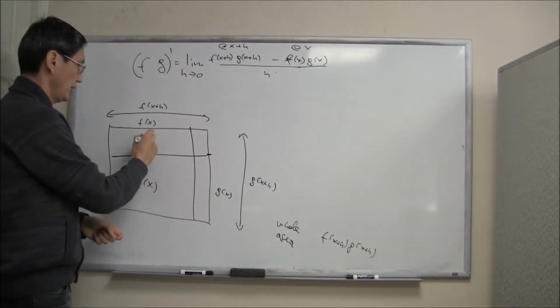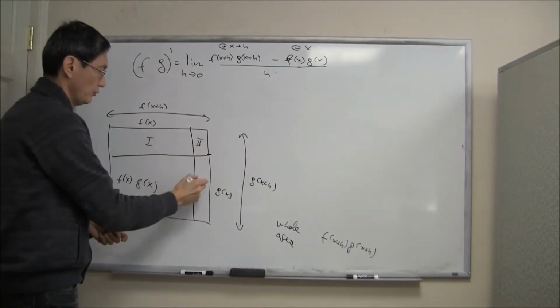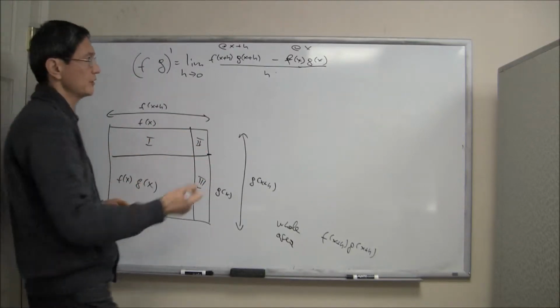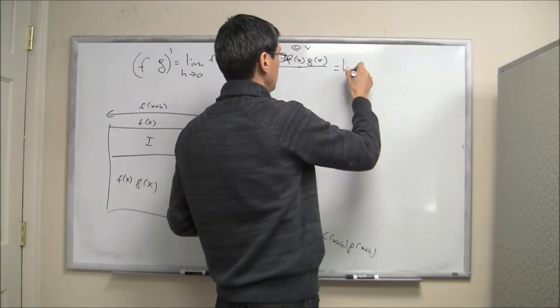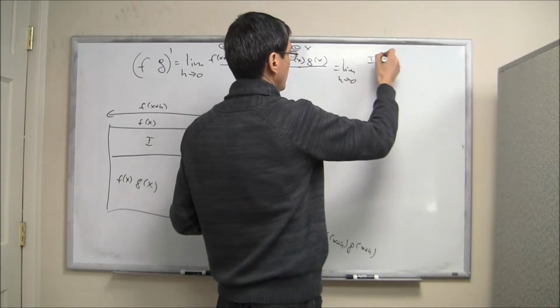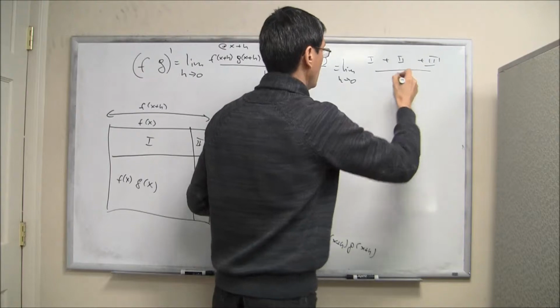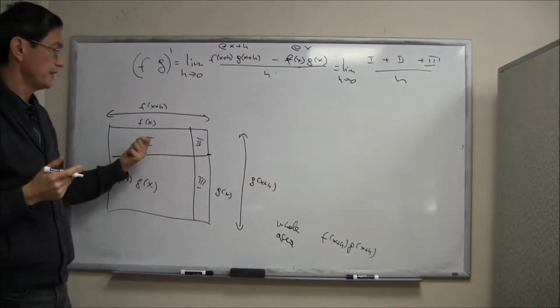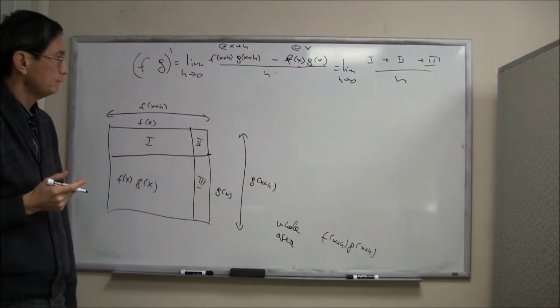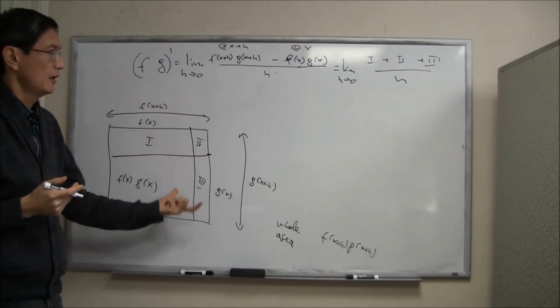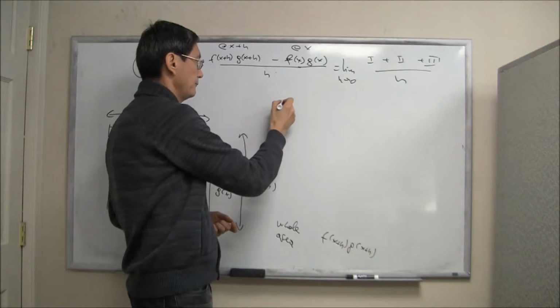Subtracting this piece, we get piece 1 plus piece 2 plus piece 3. So 3 pieces will be left after we do the subtraction. Now let's figure out the area of each piece, and rewrite our limit.